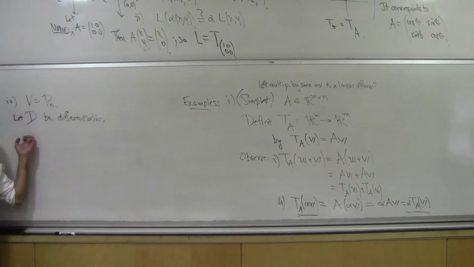So you take your polynomial and you hit it with D. You differentiate it. You get another polynomial. That polynomial is still in your space, because it just decreases the degree.